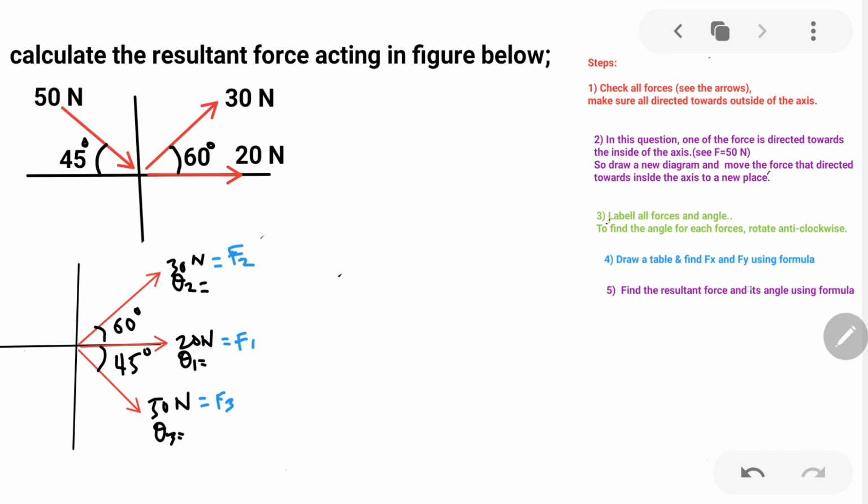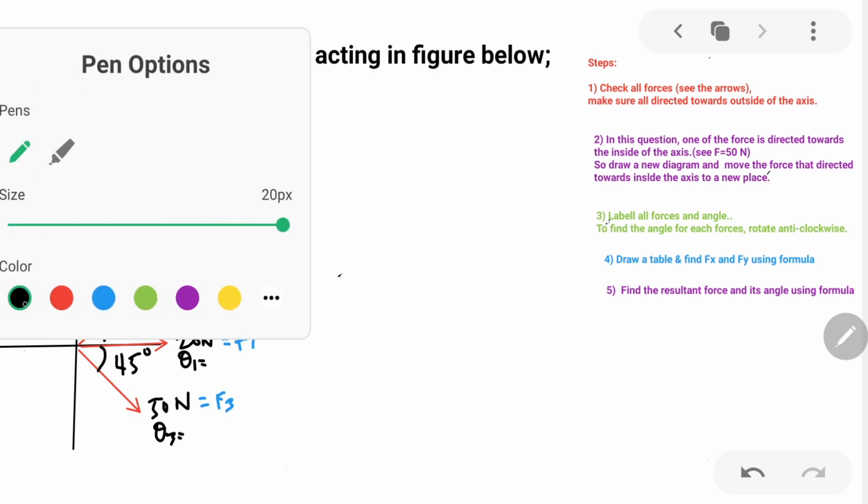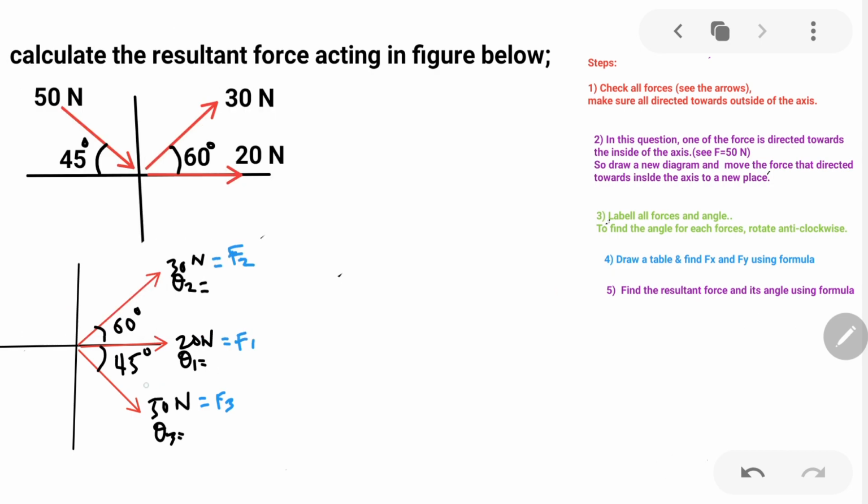So how to find the angle for each force? We rotate anti-clockwise. For example, if you want to find the angle for theta 1, as you can see here, 20 Newton is on the x-axis. So the angle will be 0 degree.